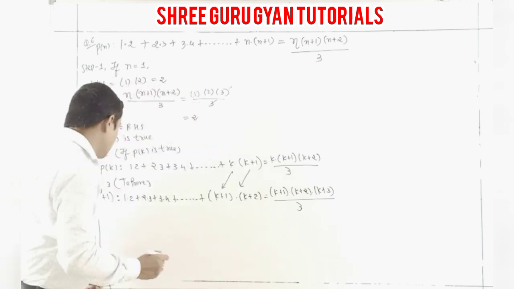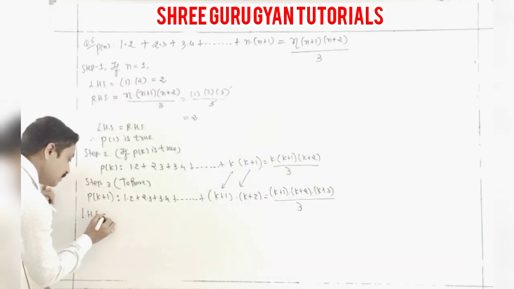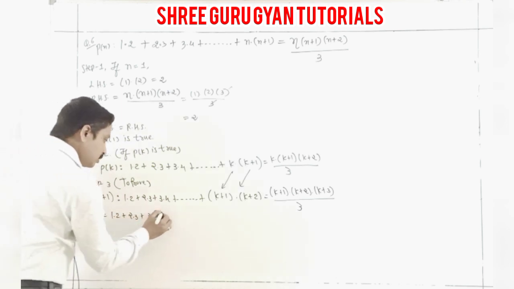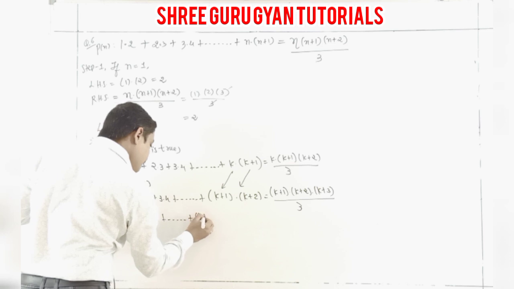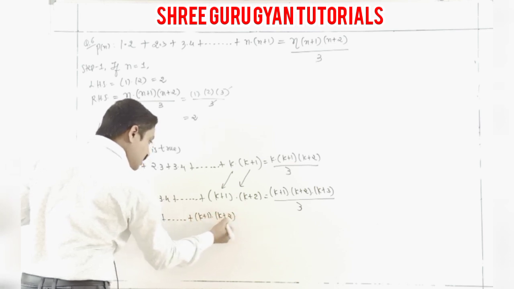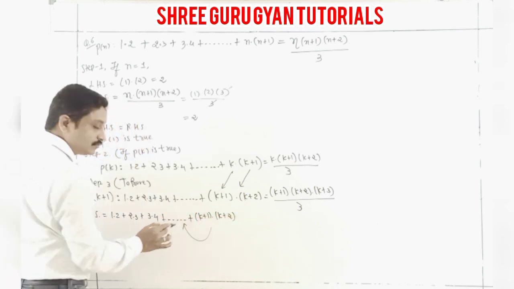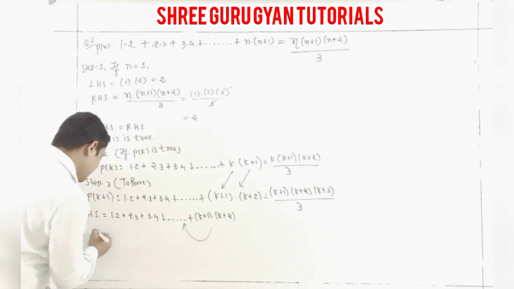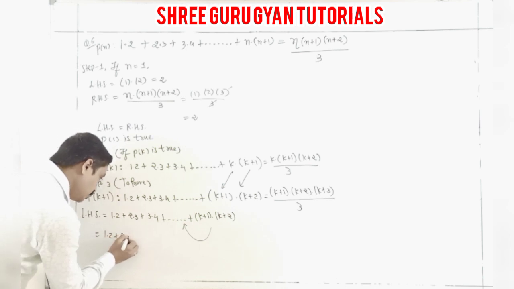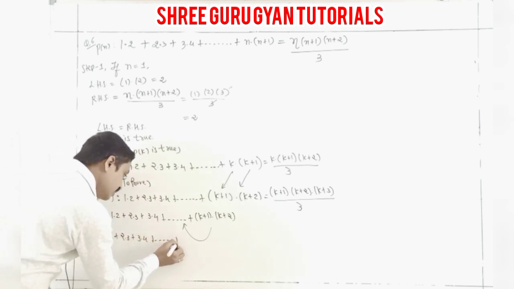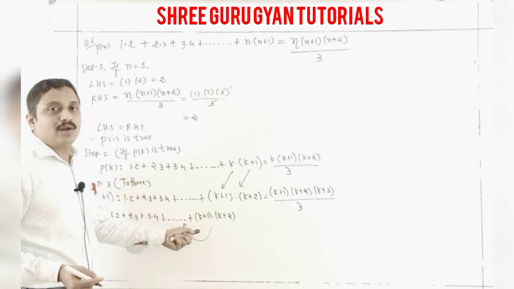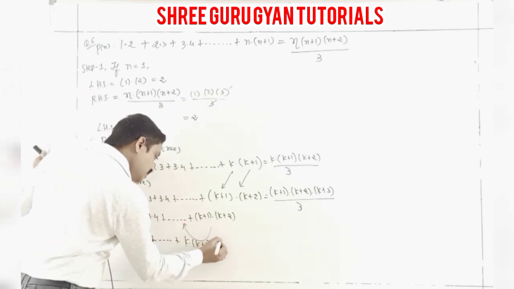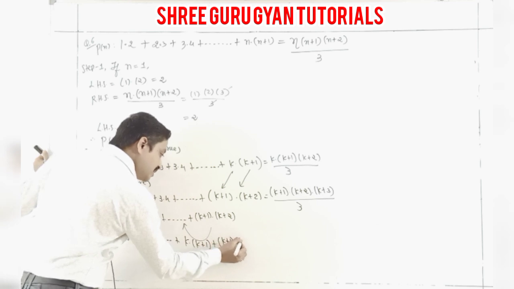Apply this, and now I start my LHS, which is 1 into 2, 2 into 3, 3 into 4, and one step back. Here there is only one less term, up to k into (k plus 1), and here it is the same.